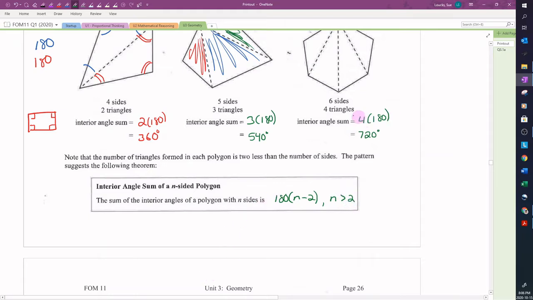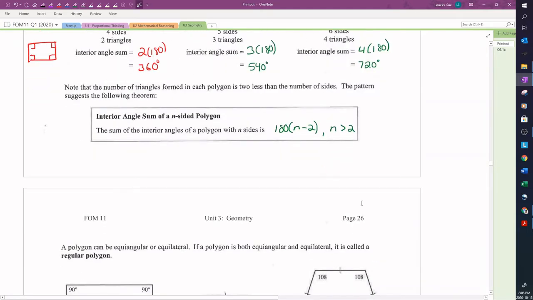Okay, so that's what we've got here. We've got six sides. That gives us four triangles, so it's 4 times 180, or 180 times 4. I just wrote it the other way here. So the number of triangles is always 2 less than the number of sides. So n minus 2. Okay.